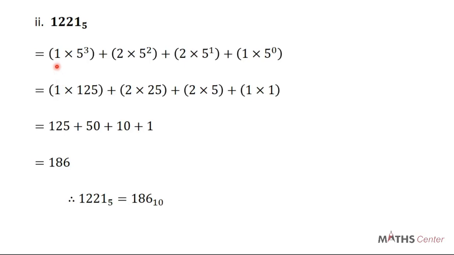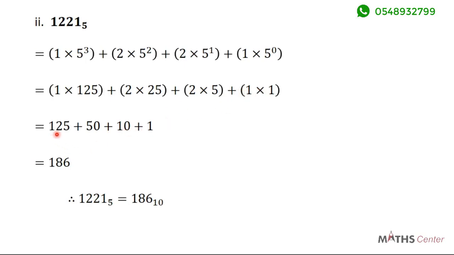So we come here, you have 1 times 5 exponent 3 is 125, plus 2 times 5 exponent 2 is 25, plus 2 times 5 exponent 1 is 5, plus 1 times 5 exponent 0 is 1. Remember that any number exponent 0 is 1. So 1 times 125 will give us 125, 2 times 25 will give us 50, 2 times 5 will give us 10, 1 times 1 will give us 1.